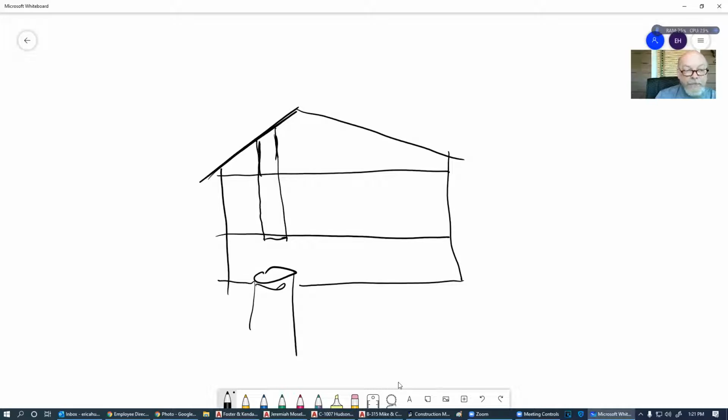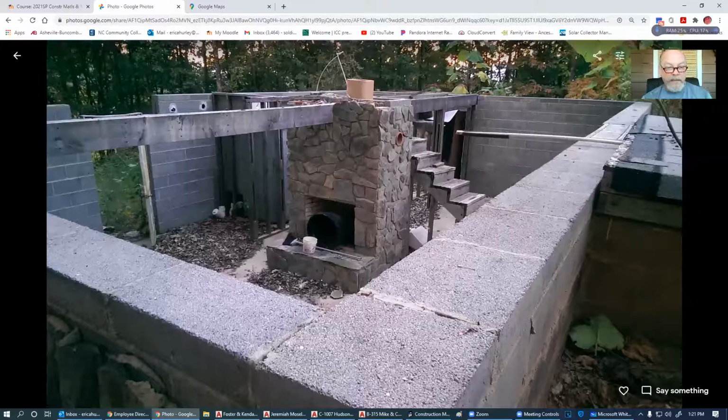We put a 4-inch diameter pipe and a cap on it so that whenever the well pump had to be pulled out, it could be pulled out through the roof. So, crazy stuff does happen. You just gotta plan for it ahead of time.